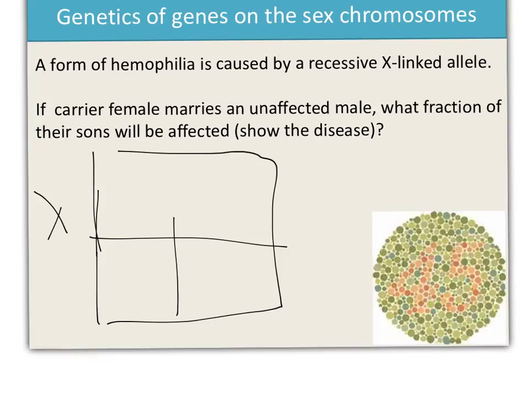XN XM. And then for the male, XN, Y. So, it'll be 50-50. 2 XNs, that's 50%. And here, XM.